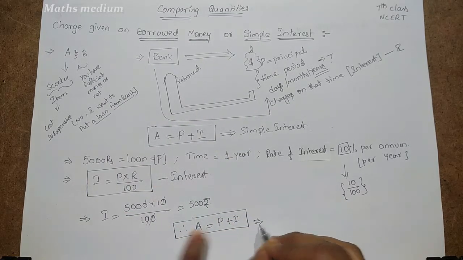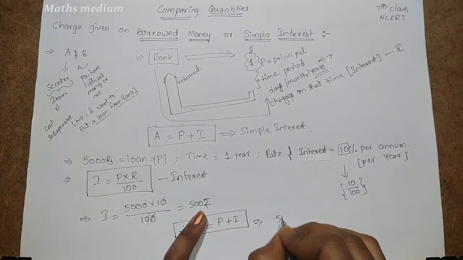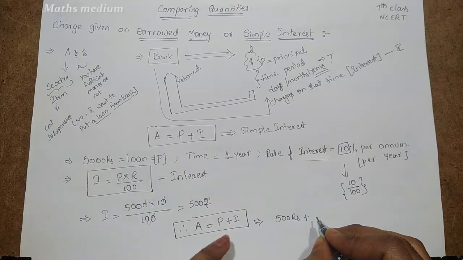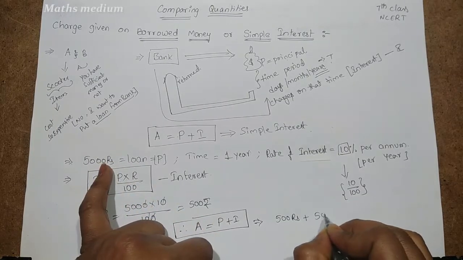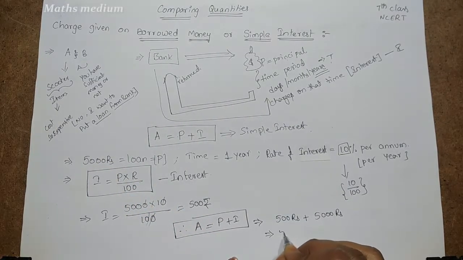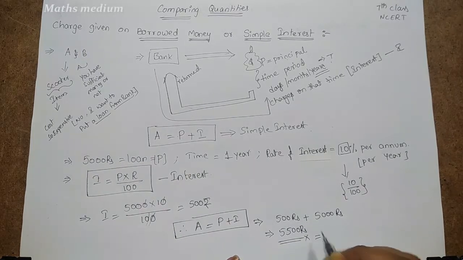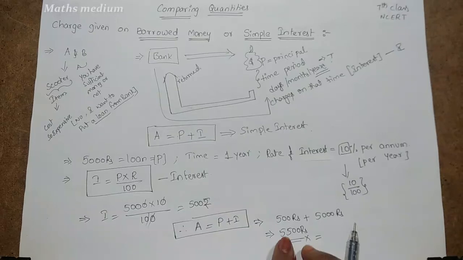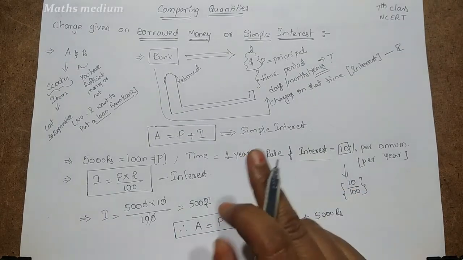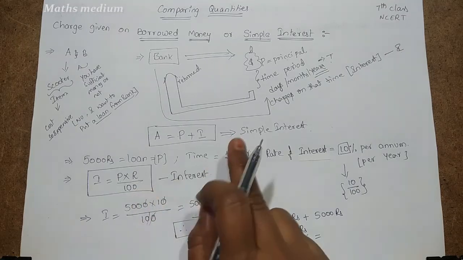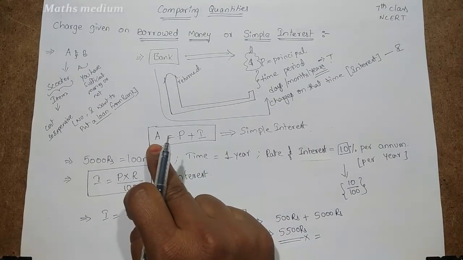Therefore, interest 500 rupees plus principal 5,000 rupees equals 5,500 rupees, which we have to pay when we return to the bank. That is the amount. So this is the simple interest formula and this is the interest formula. By using these two we can calculate the amount.